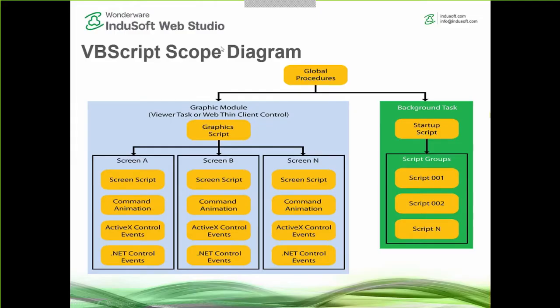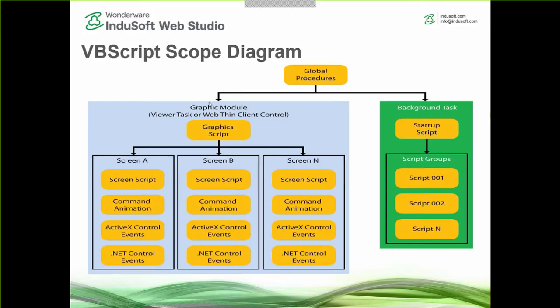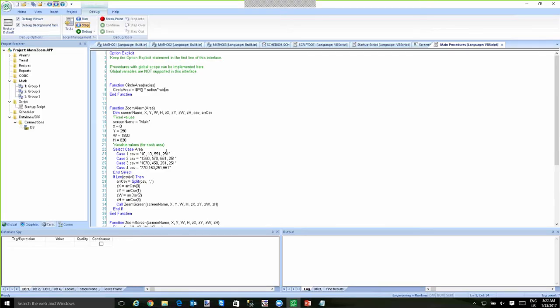So the global procedure is a library of your own functions that you create, and you can call those functions. You can execute those functions both from the background task, from those scripts here that are executed under script, as well as from the graphical interface, from everything that you do from the viewer.